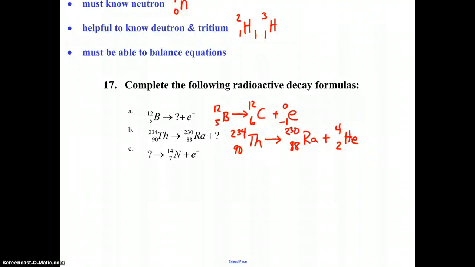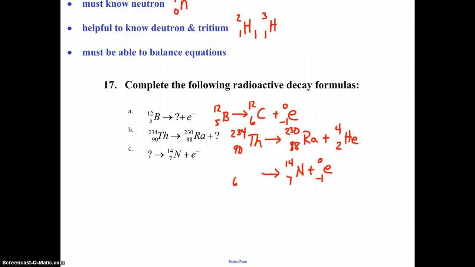In our last question, we have something unknown that decayed into nitrogen 14 plus a beta particle. So let's start with our right side, rewriting that. We've got 14, 7, and that's nitrogen, plus, and our beta particle would be 0, -1. So 7 plus -1 gives us an atomic number of 6, and we already know what that element is.